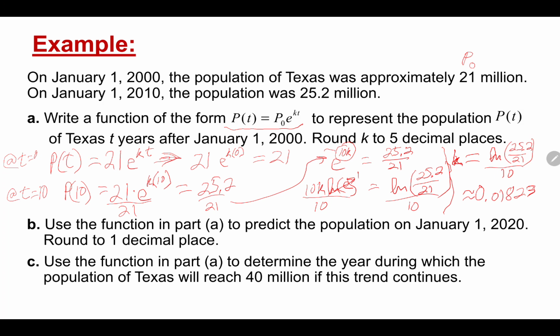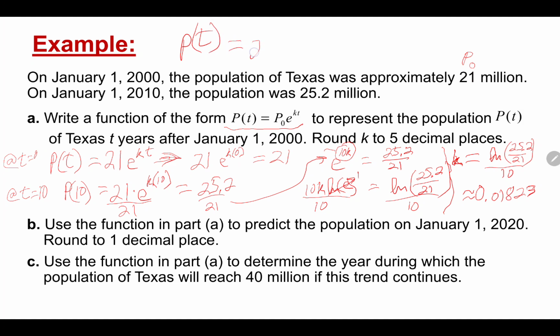So my function is really, let me write it up top so I have it, P of t, now that I found out what k is equal to, this gives me the whole function.